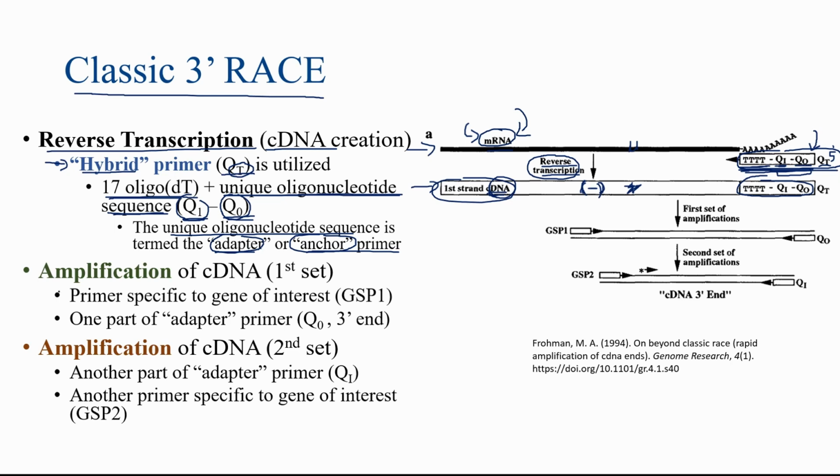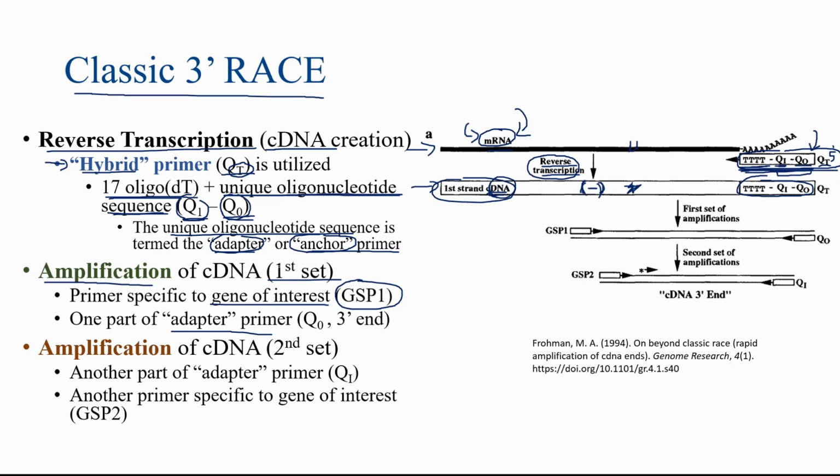So I'll move on now to the amplification step of cDNA. Now, the amplification of cDNA in classic 3' RACE is performed via two sets of amplifications. In the first set of amplification, we will use two primers: a primer that is specific to the gene of interest, and we'll call this the GSP1, as well as part of the adapter primer.